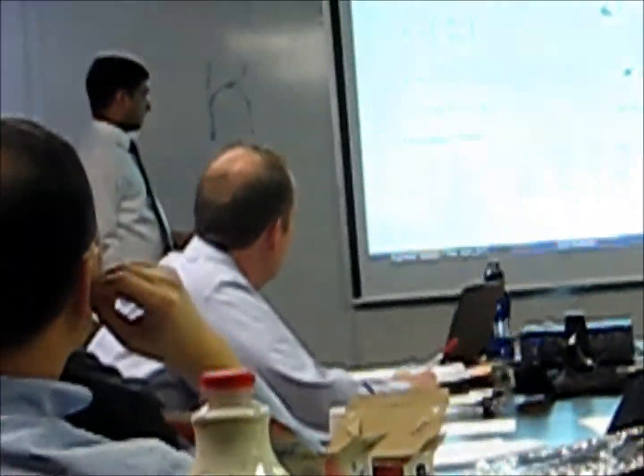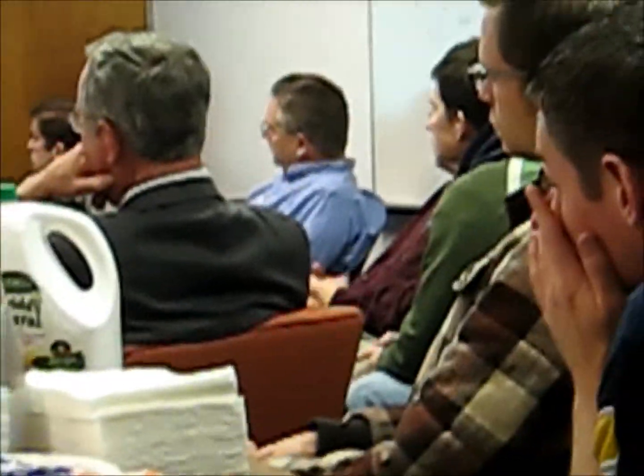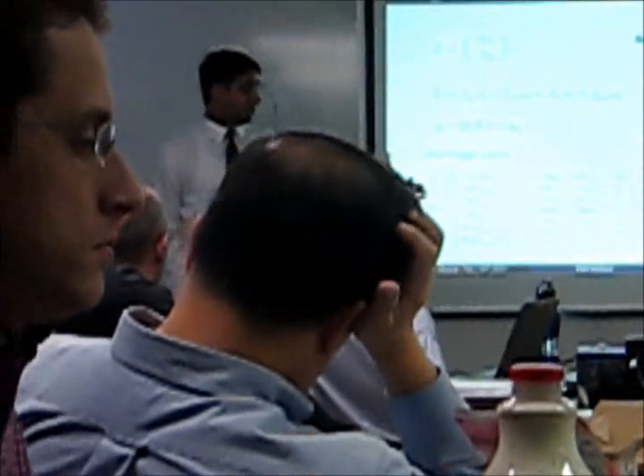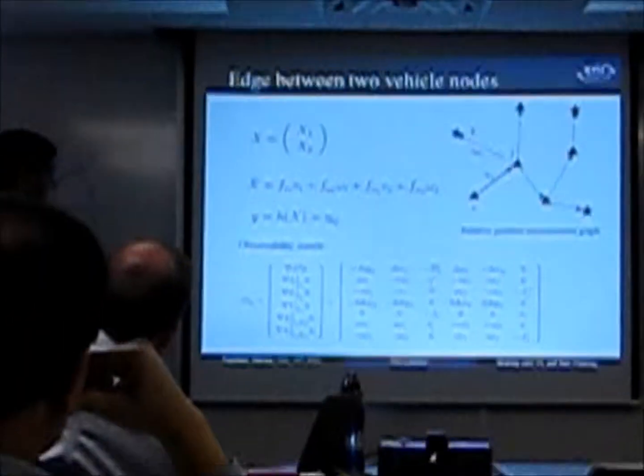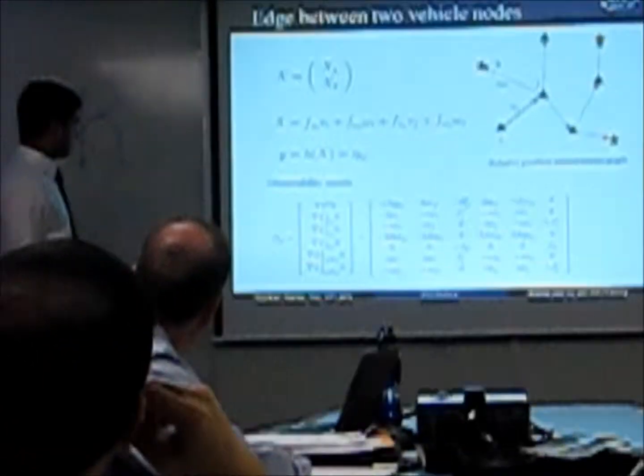We can write the kinematics for two vehicles in this form, and this is the measurement. We use Lie derivatives to find this matrix, which is the observability matrix. We don't include other terms because the higher Lie derivatives are linearly dependent on these rows, and a more detailed explanation is given in the dissertation.